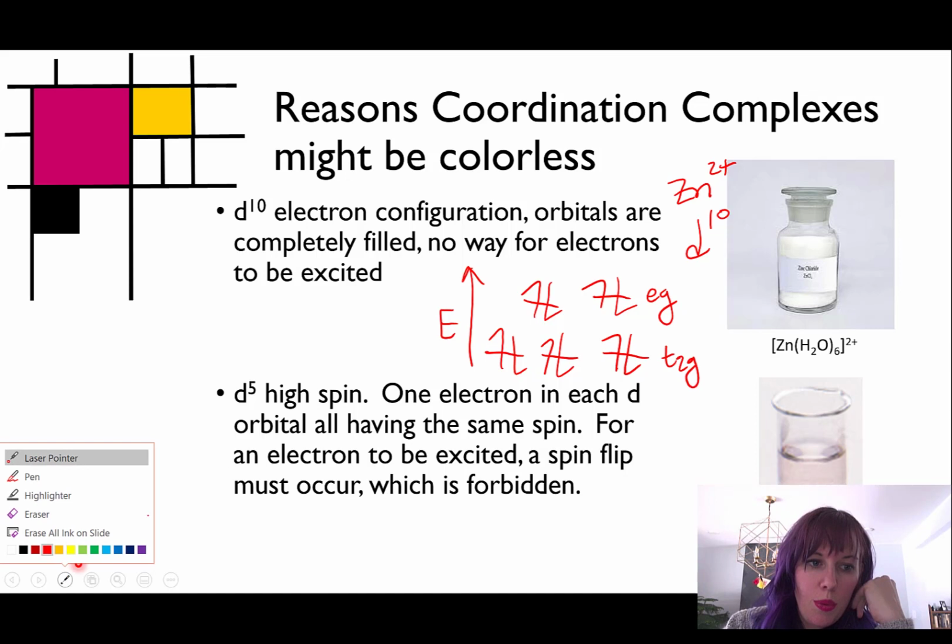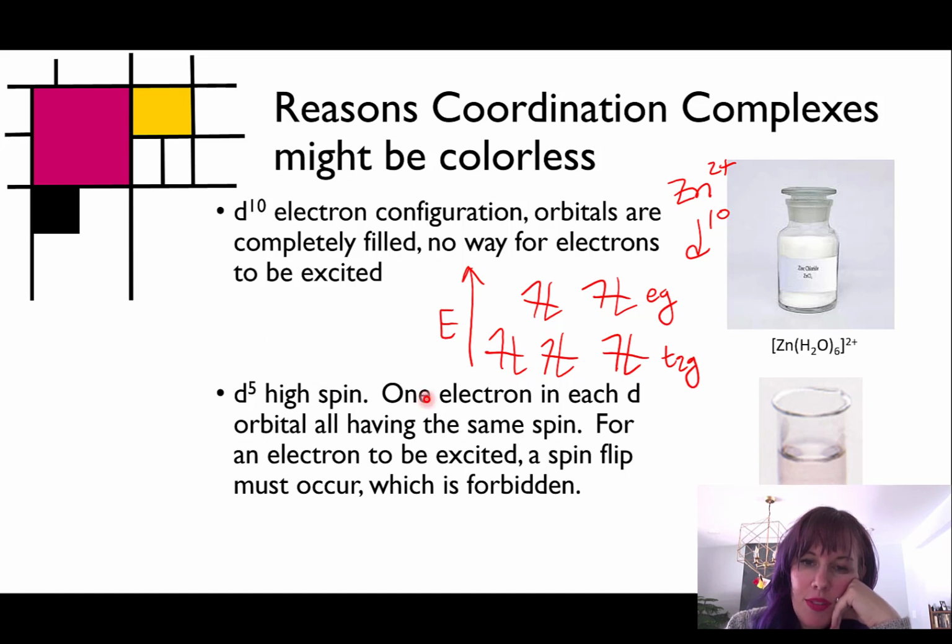And so what that means is that there's no place for an electron to be excited from the T2G to the EG sublevel. And so there's no D to D transition. So there's no way for an electron to be excited into this EG sublevel. So here is zinc 2+ in water, and you can see it's colorless.